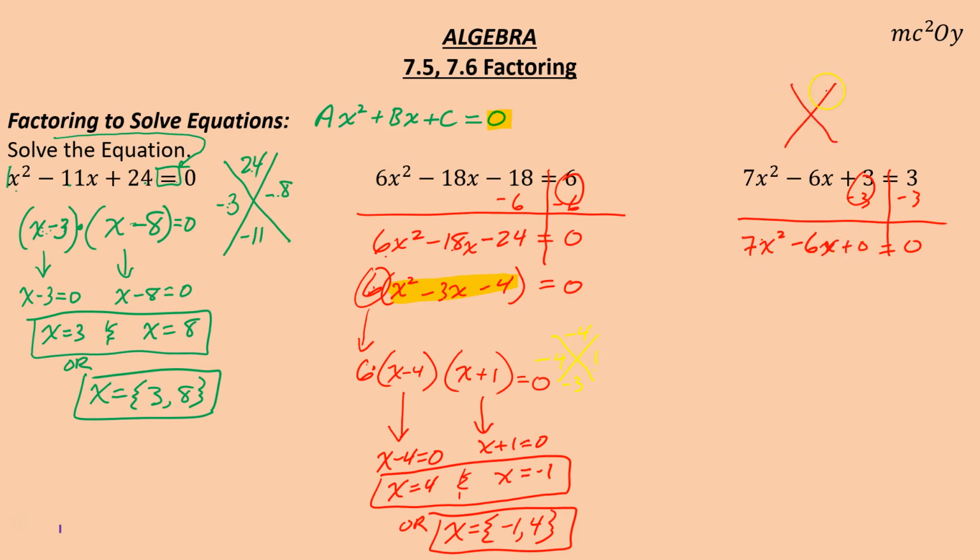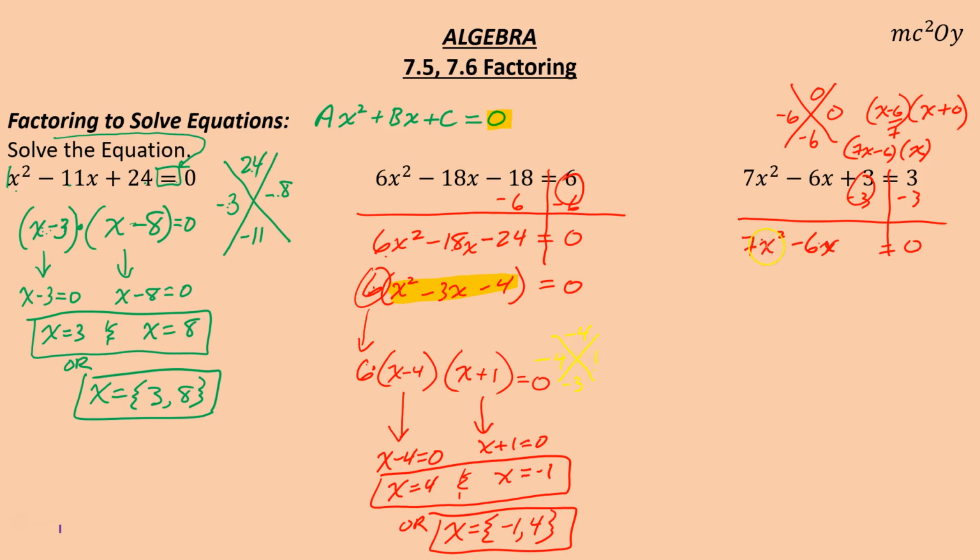They say 7 times 0 is 0, trying to make negative 6, so negative 6 and 0. Then they do the sets: x minus 6 and x plus 0, divide by 7, and I get 7x minus 6 and x plus 0, which is just x. That works. It takes a while, but it works. I wouldn't do that.